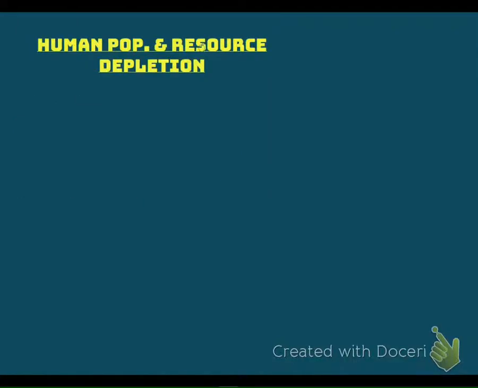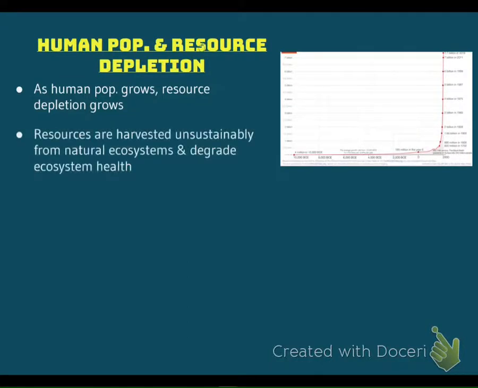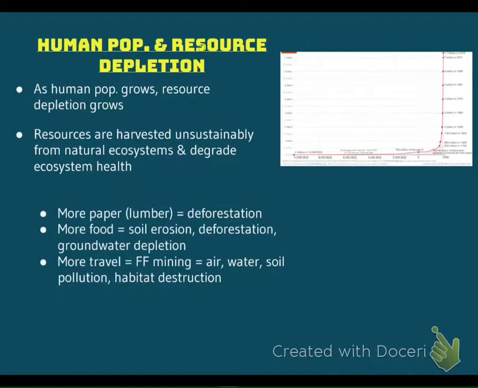Human population and resource depletion. As human population grows, resource depletion grows. So you can see in here, since 1780, there's been a huge increase in the human population. Resources are harvested unsustainably and decrease ecosystem health because there's too many humans. Why? Because we need more paper, which leads to deforestation.